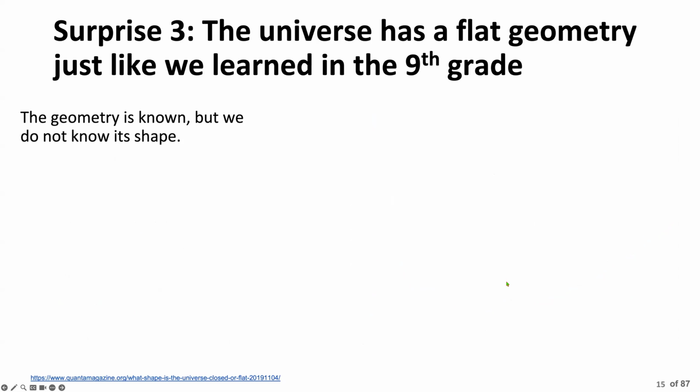Now, I mentioned the universe has a flat geometry. We have multiple ways to detect this. What I mean by that is if you went out in space with a giant ruler and a protractor and a compass, like all those things you used when you took geometry in high school, and you measured the properties of triangles, for example, you would find that a triangle drawn in space has 180 degrees in its three angles.